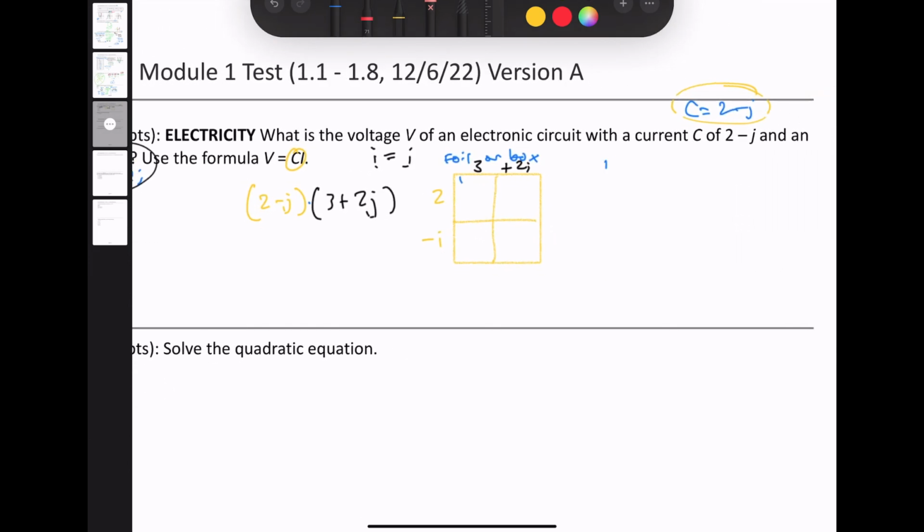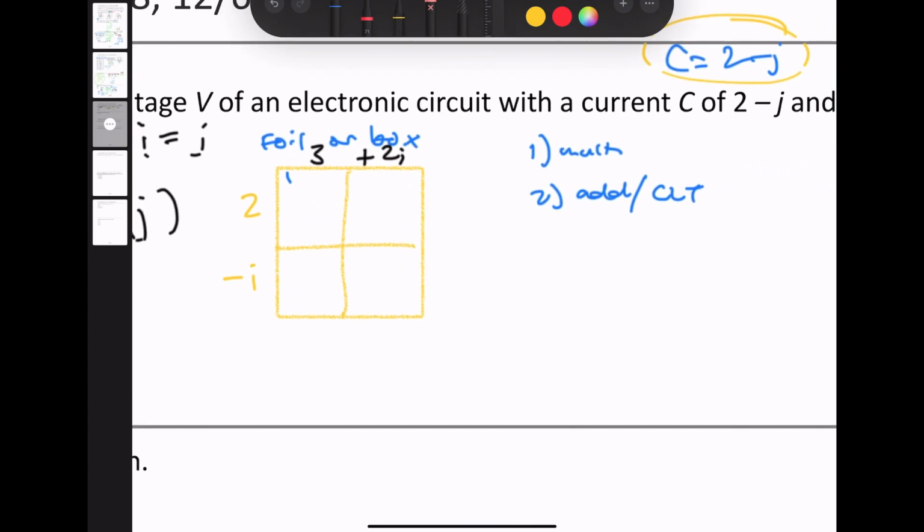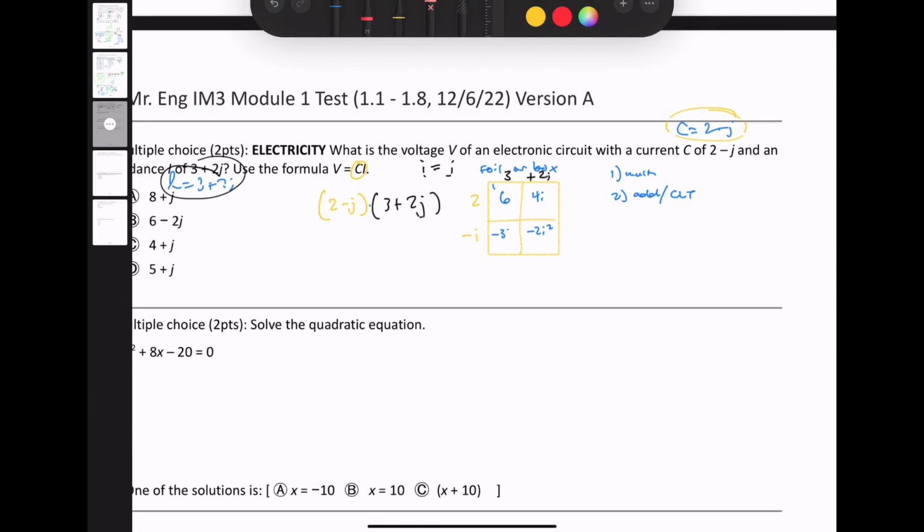We're going to multiply, and then we're going to add or combine like terms. 2 times 3 is 6. 2 times 2j is 4j. 3 times negative j is negative 3j. And negative j times 2j is going to be negative 2j squared. So I'm going to get 6 plus 4j minus 3j minus 2j squared.